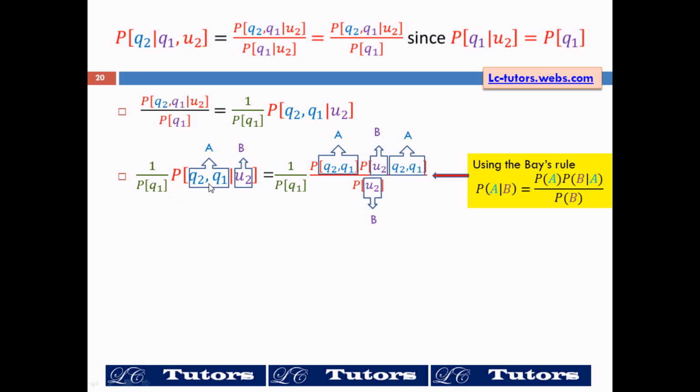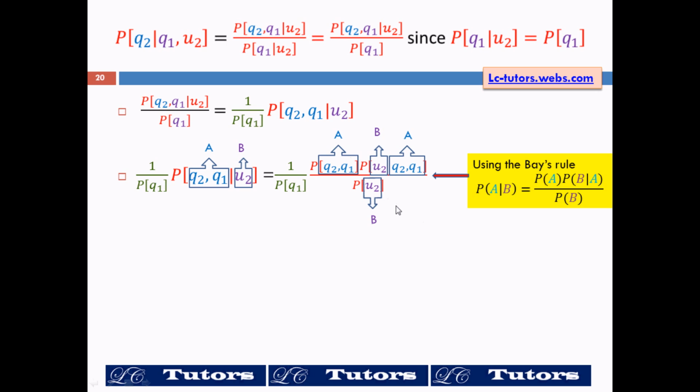Just assume this as one variable, given U2, so Q2 comma Q1 is A and U2 is B. Using Bayes theorem we can simplify this expression, which was difficult to calculate. This part remains the same, 1 over the probability of Q1 still remains outside, and then we get this formula.